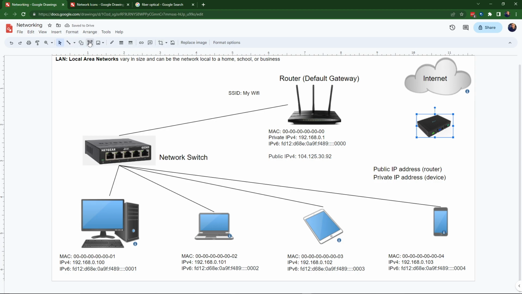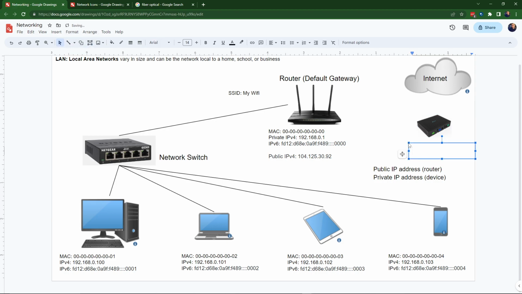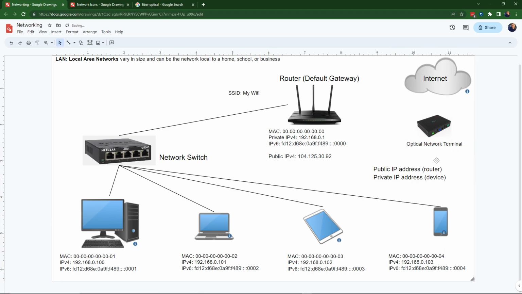And we're going to add a text box. Call this optical network terminal, or ONT. We'll set it right there.